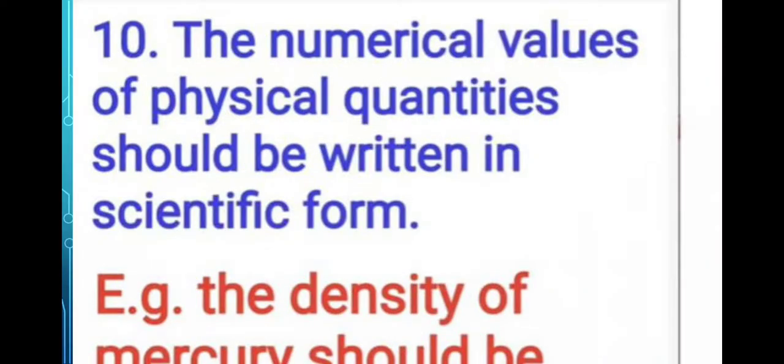The numerical values of physical quantities should be written in scientific form. The density of mercury should be written as 1.36 into 10 power 4 kilogram meter to the power minus 3. Not as 13,600 kilogram meter to the power minus 3.